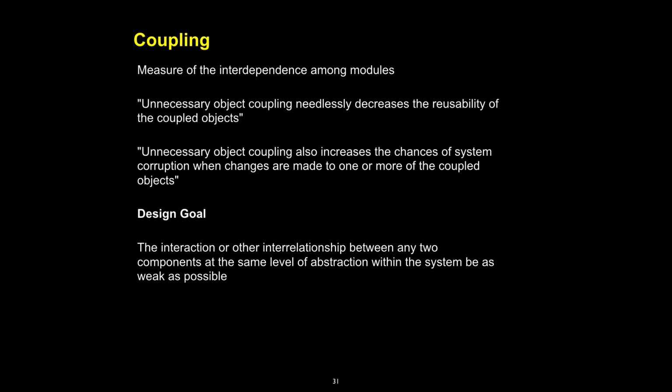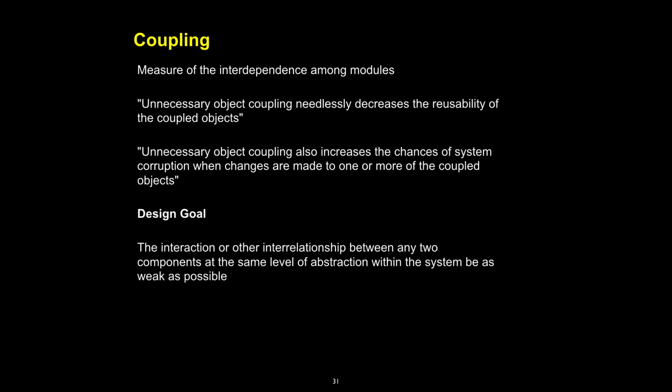And he talks about the same level of abstraction, right? So if you're building the software to navigate the space shuttle, it's a huge project, and a button object is pretty low level. And so we're not worried about the coupling between the button and some higher level, but between the same levels.